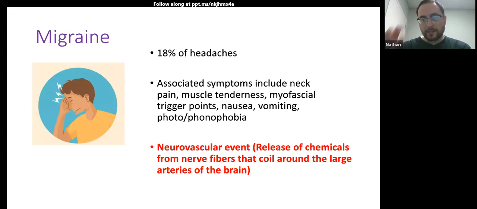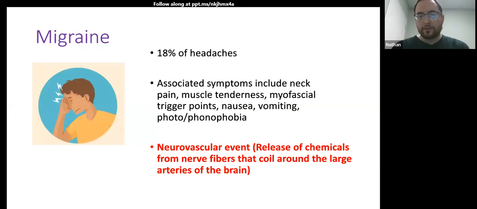And if you see on the second part over here, I wrote down photo and phonophobia. So the associated symptoms are neck pain, muscle tenderness, myofascial trigger points, which is muscle pain, nausea, vomiting, and then photophobia or phonophobia, which is pretty much sensitivity to light or sensitivity to sound. That takes about 18% of headaches that we will see.